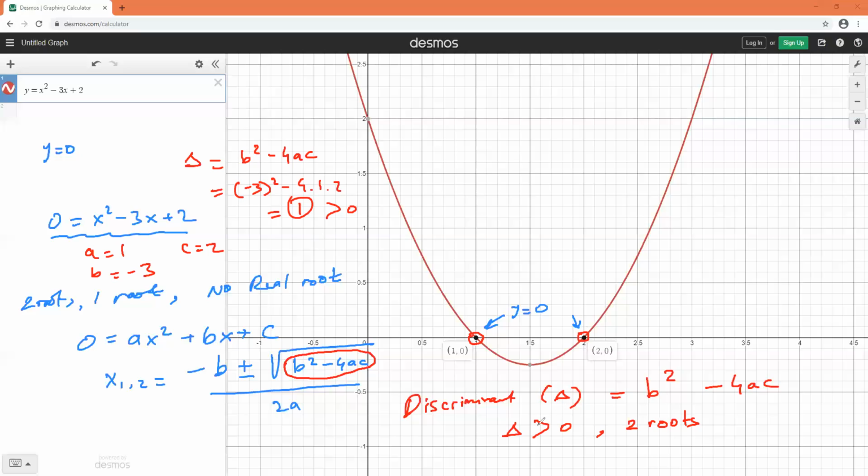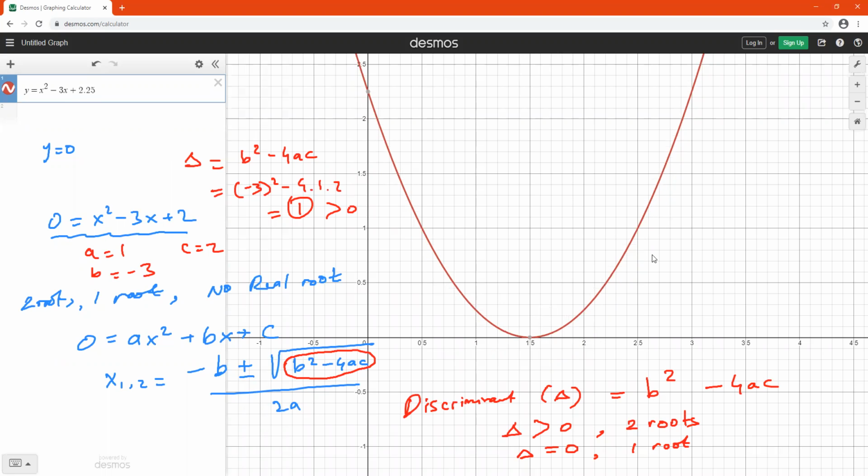But sometimes the value of the discriminant is simply equal to 0. In that situation, when you calculate the discriminant and you get 0, you will get 1 root. The example of this is actually simple. If you look at the quadratic equation here, instead of plus 2, now I will make it plus 2.25.